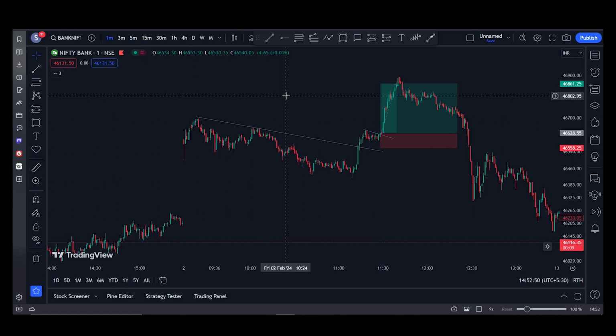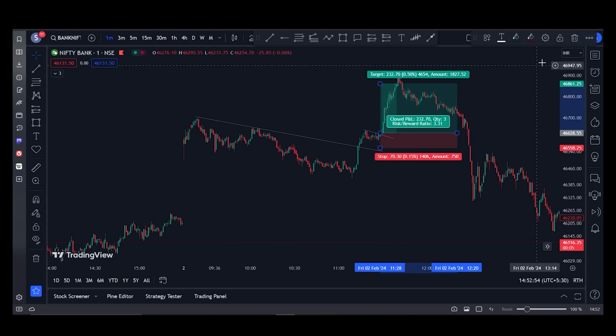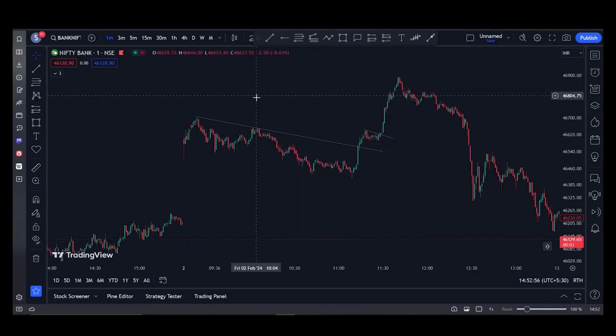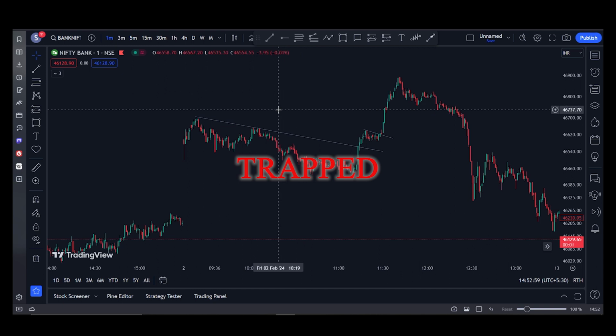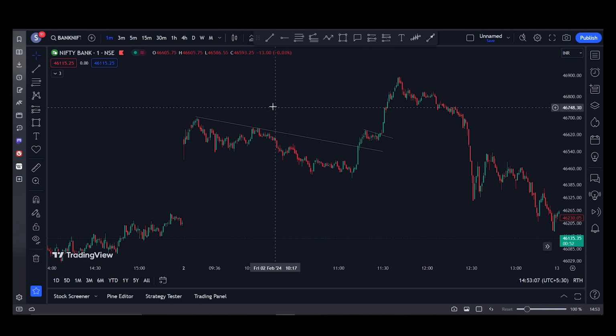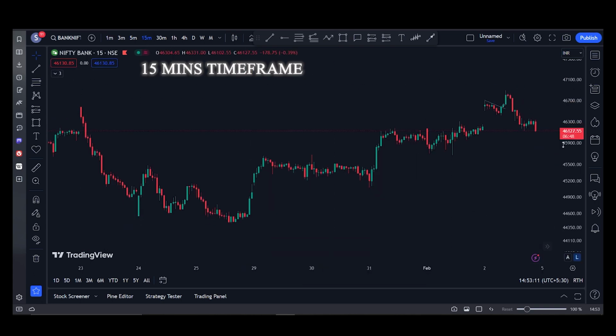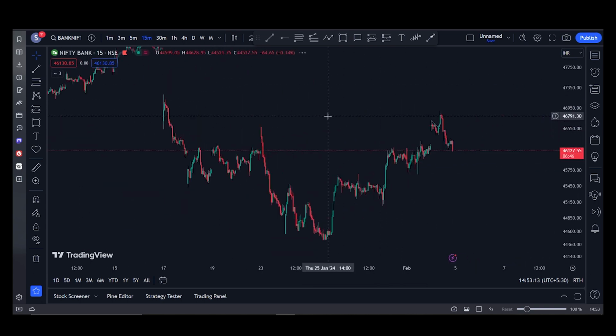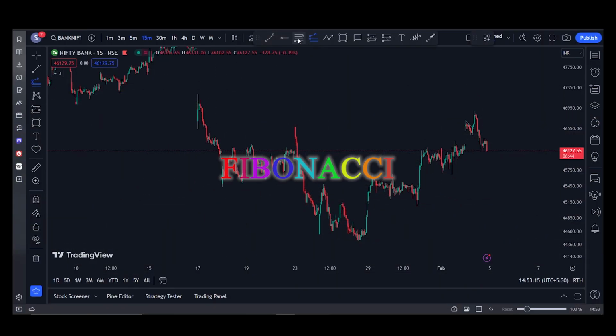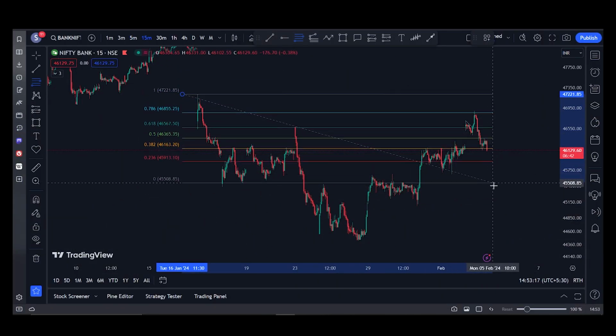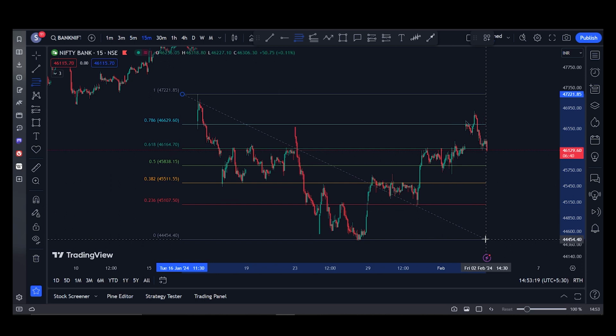Now, as the title says, why didn't I wait for the retest? That is because it is very clear that the market had trapped many of the retail sellers. In order to analyze the sell side setup, and how the retailers have been trapped, let's jump into the 15-minute time frame. Once again let us apply Fibonacci from this swing high to this swing low.